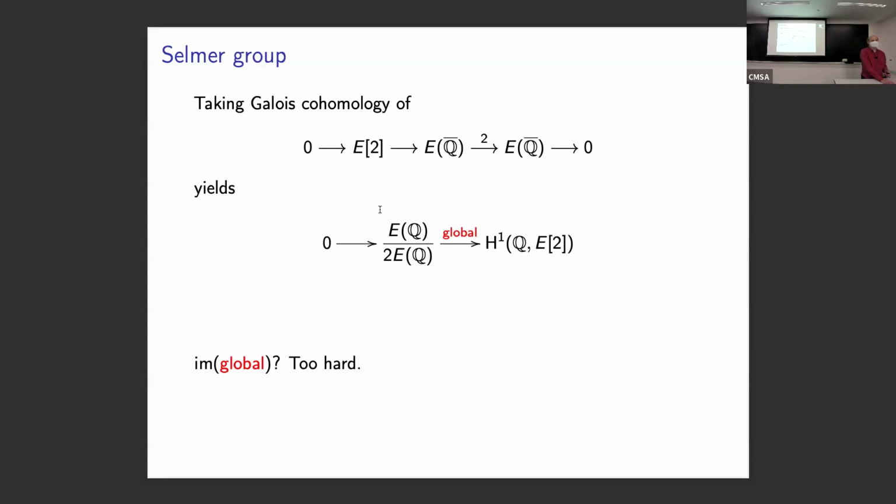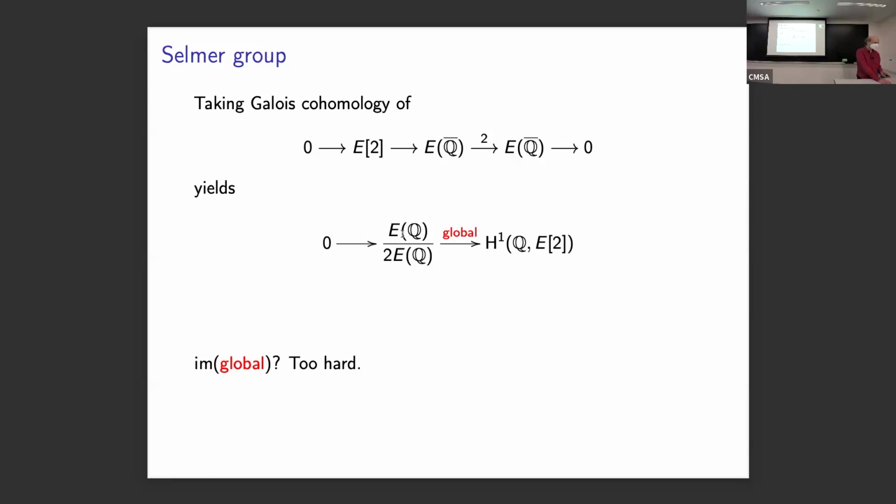And this is good because if you were able to compute this group, this would tell you the rank, because the size of this group is almost Z mod 2Z to the rank. There could be a little bit of contribution from the torsion subgroup as well, but we can easily compute the torsion subgroup and subtract that out.